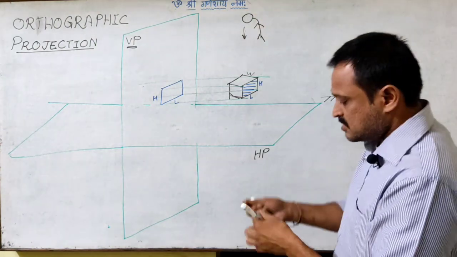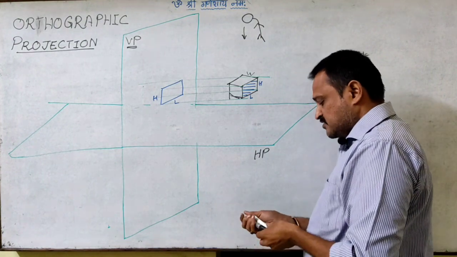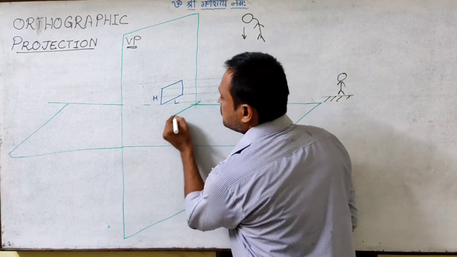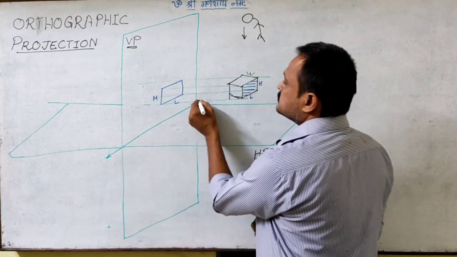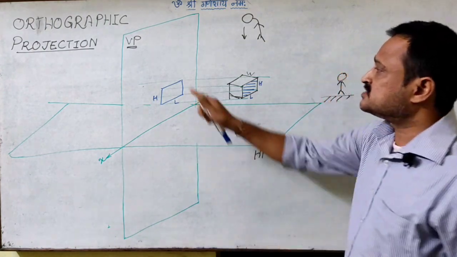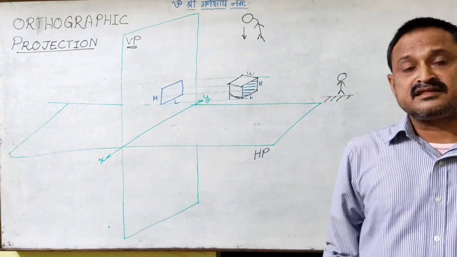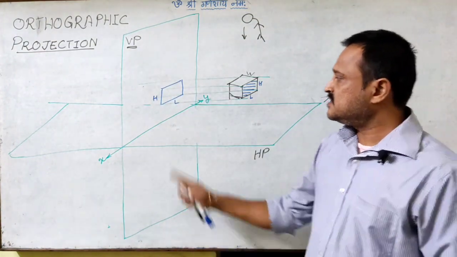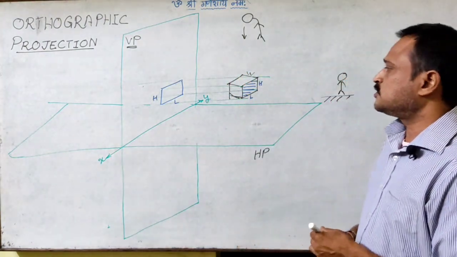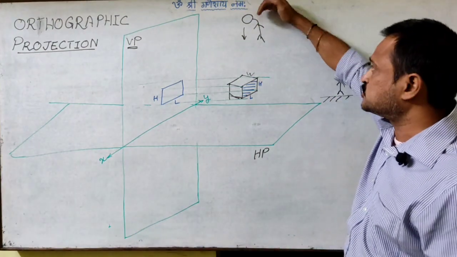When these two planes intersect, at the intersection I get one line. We name this line the XY line. Now these two planes, the horizontal plane and the vertical plane, are the reference planes. Hence we will call this intersection line the reference line.